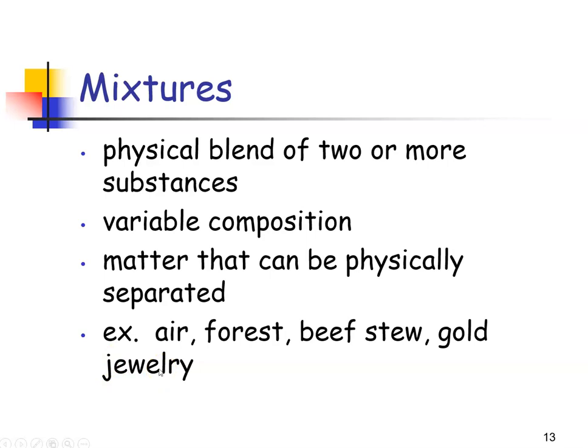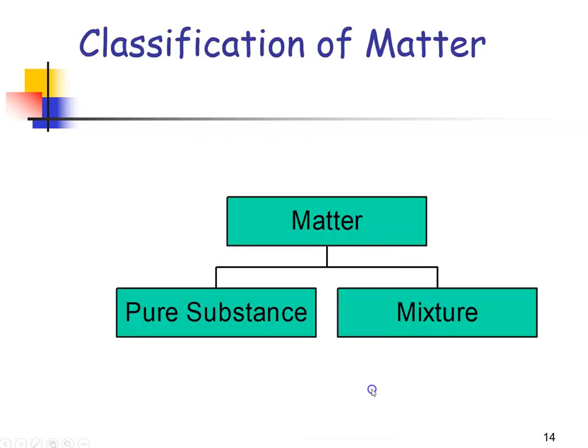If you get 10 karat gold, the gold has been mixed with another metal or possibly more than one metal to make it more resistant to dents and scratches and deformation. 24 karat pure gold is really too soft to make jewelry that you would wear on a daily basis.